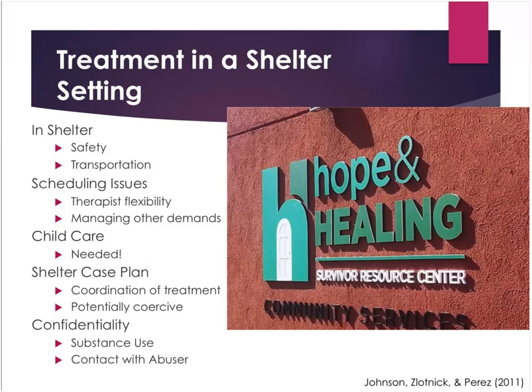But we wanted to make sure that anything women shared with us in our counseling sessions was confidential, and that the women knew we weren't going to be communicating that to shelter staff. So if they were using substances, that wasn't something we were going to tell the staff, unless it got to the point where it was a danger to themselves, if they were suicidal, or to other residents in the shelter.